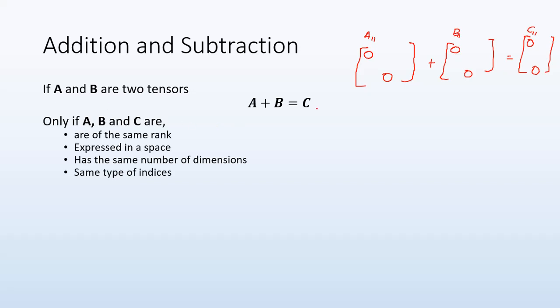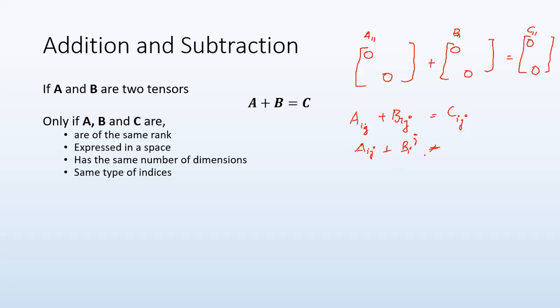By the same type of indices, I mean that if A is a covariant tensor, then B should also be a covariant tensor, so C should be a covariant tensor. A covariant tensor cannot be added to a contravariant tensor or a mixed tensor, that is, Aij cannot be added with B^ij.